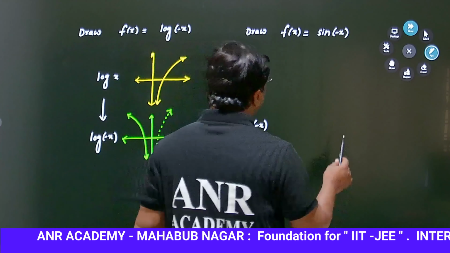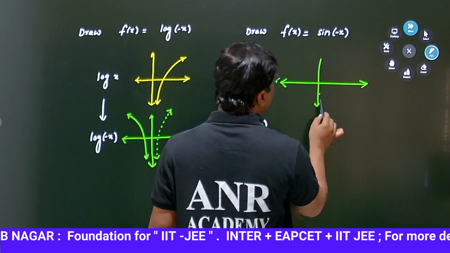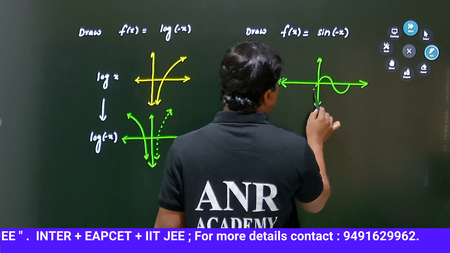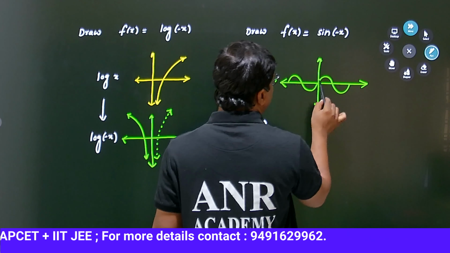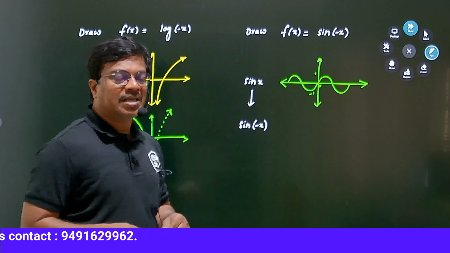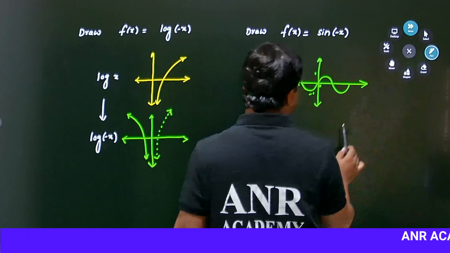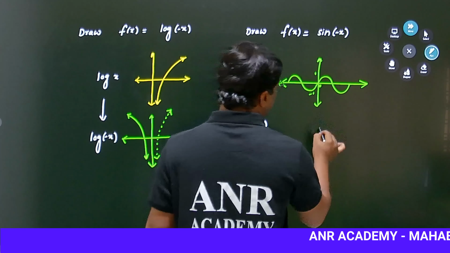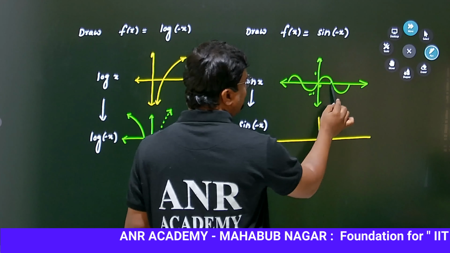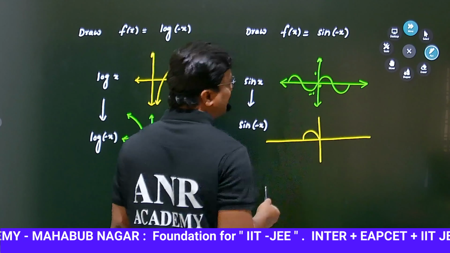Next, the sin x graph. You know the sine wave; this is the graph of sin x, right? Here it is 0, maximum 1, minimum minus 1. When you have sine of minus x, it is the symmetric graph about the y-axis, right? So observe, the graph which is in the first quadrant, symmetric about the y-axis, exists here.